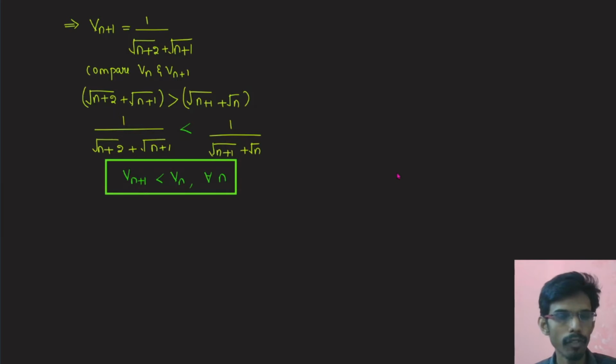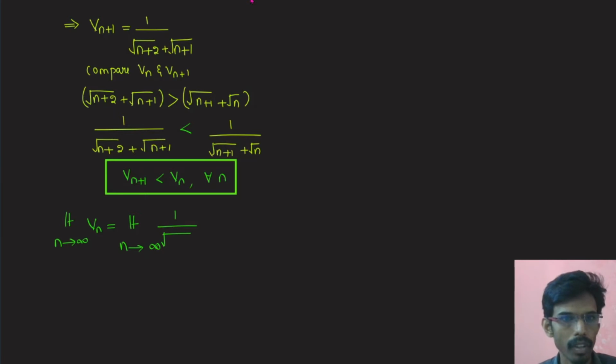First condition of the Leibniz test. Now the second condition for the Leibniz test is limit n tends to infinity Vn. That will be limit n tends to infinity, Vn value is 1 by root n plus 1 plus root n.